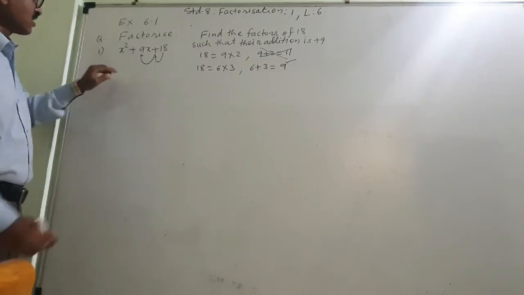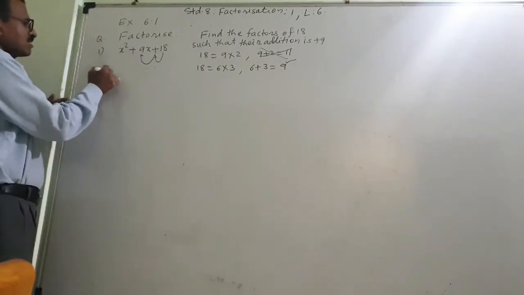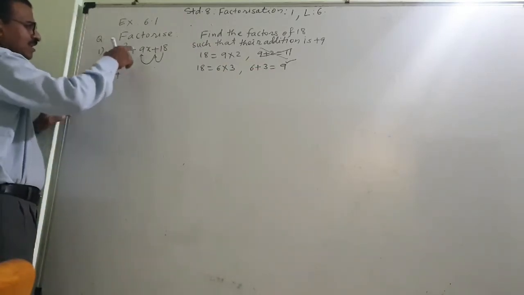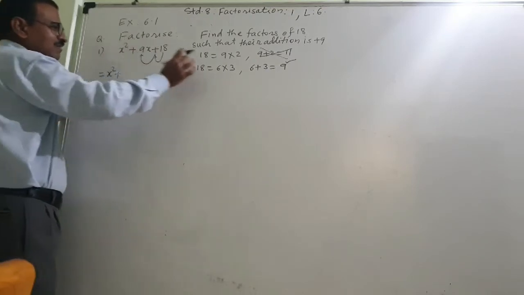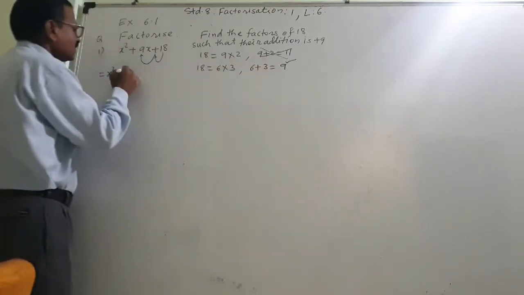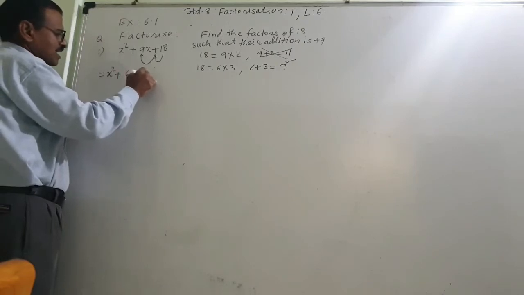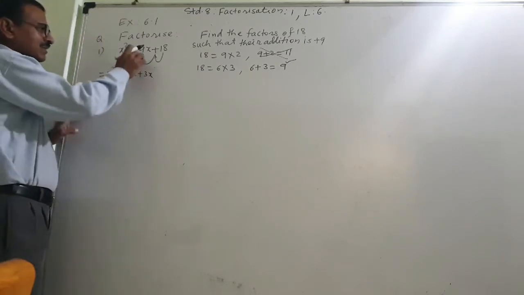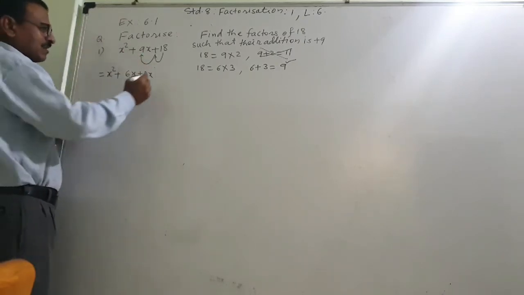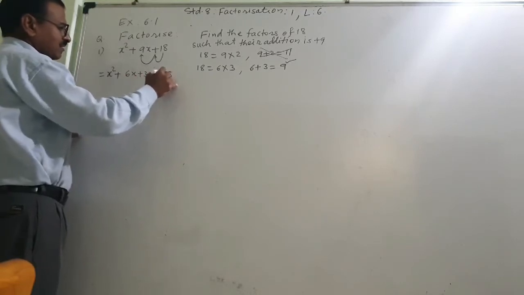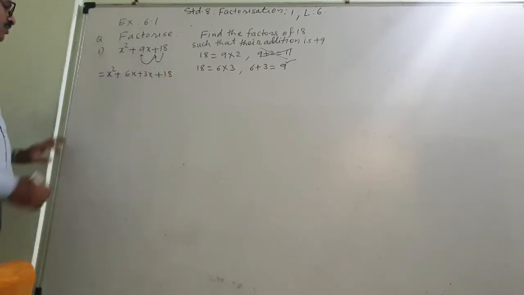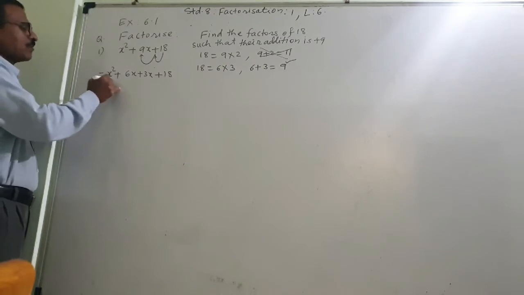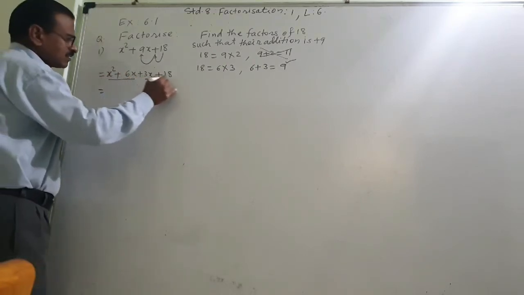These are the factors. So x square plus, now instead of writing 9x, I will write 6x plus 3x. 6x plus 3x is nothing but 9x, plus 18. Afterwards, make the two groups.